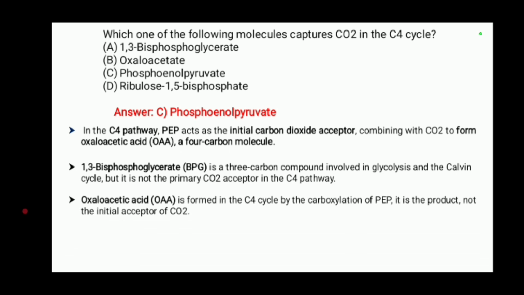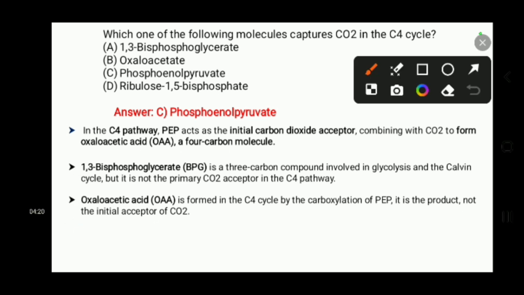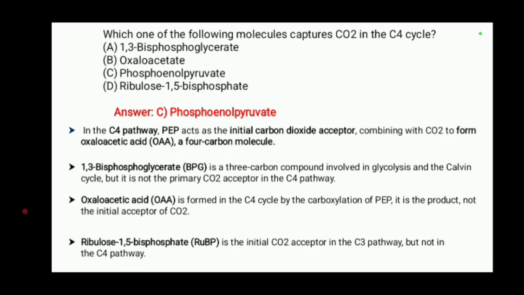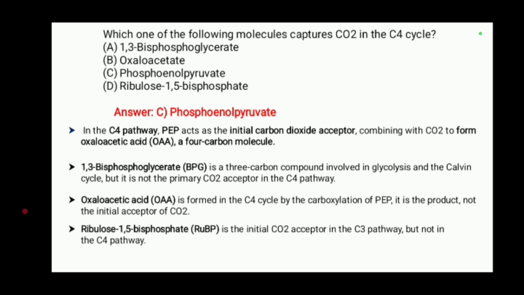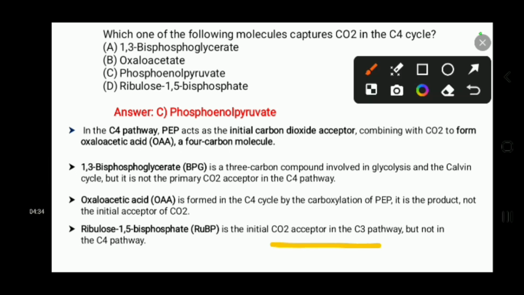Next is oxaloacetic acid, that is OAA. It is formed in the C4 cycle by the carboxylation of phosphoenol pyruvate, that is PEP. It is the product, not the initial acceptor of carbon dioxide. Next, ribulose 1,5-bisphosphate is the initial CO2 acceptor in the C3 pathway, but not the C4 pathway.